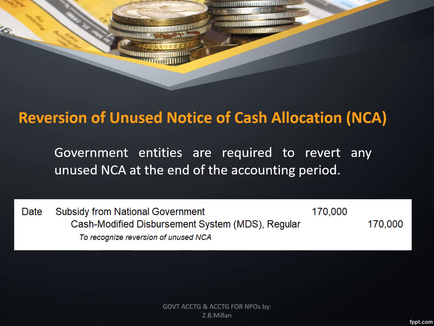So anong mangyayari kapag nagkaroon ng unused na notice of cash allocation? So yung notice of cash allocation, again, yun yung amount of cash received for the purpose of paying the incurred obligations ng entity.